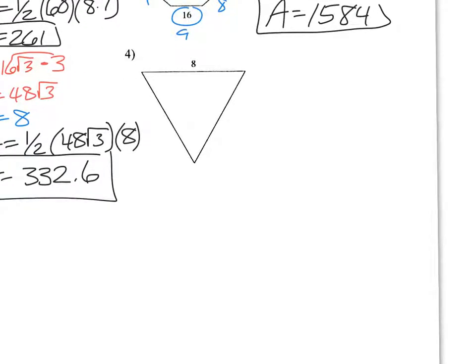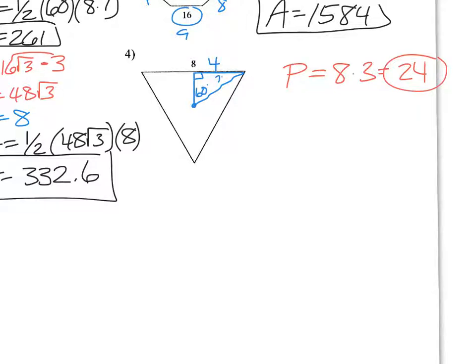Very similar thing. This time, it's easy to find perimeter. Perimeter is going to be 8 times 3, which is 24. Okay, already got that. But I don't know the apothem. But what I do know is if I draw the triangle again, this right here is going to be 4. Remember, this is a 60-degree angle.